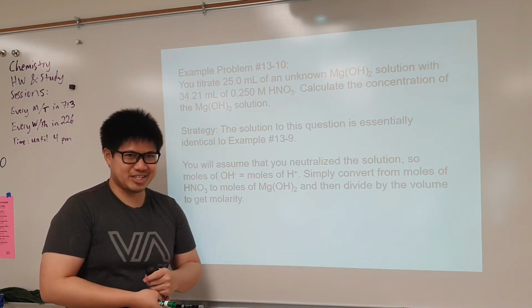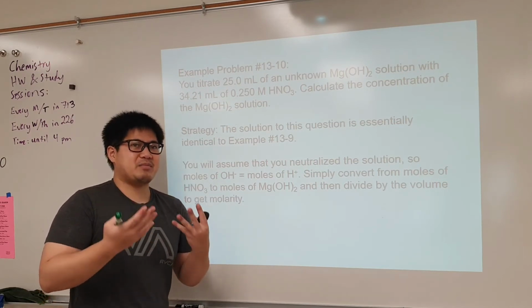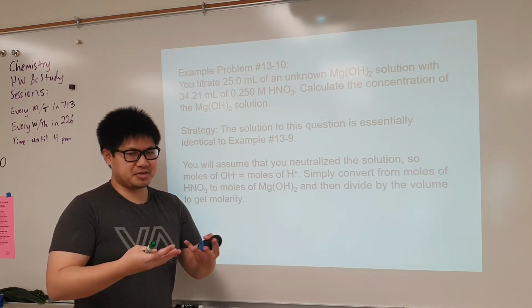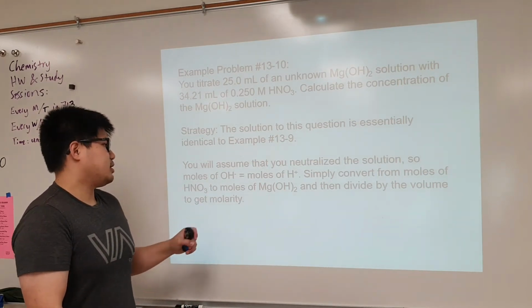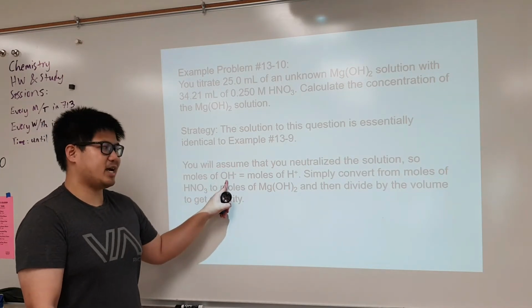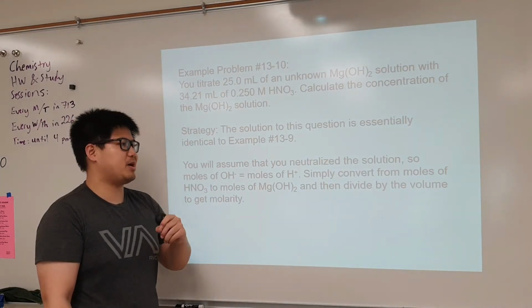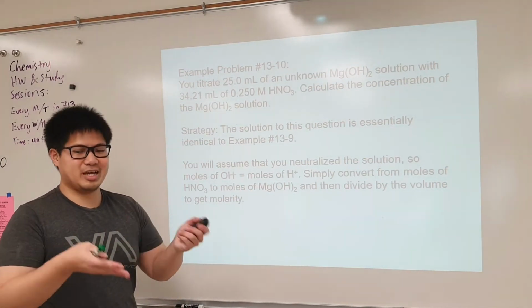Calculate the concentration of magnesium hydroxide. So the strategy is the same as before. Figure out the number of moles that you're working with and try to find a concentration. Once again, you're going to convert the moles of your hydroxide to the moles of your hydronium.